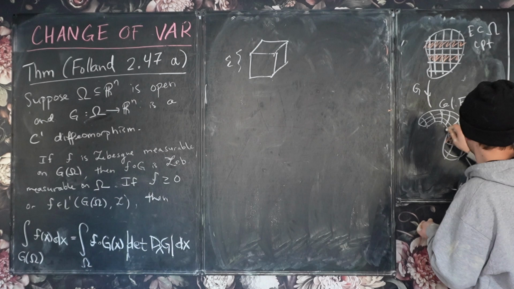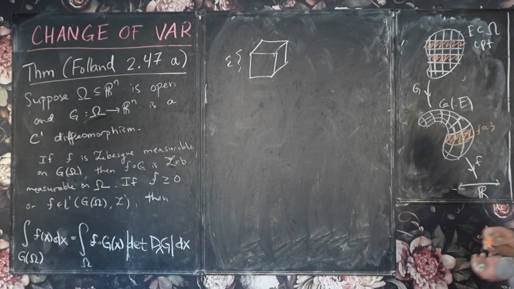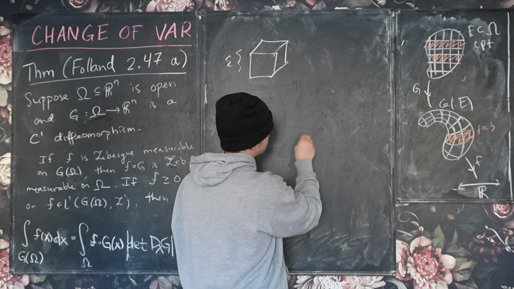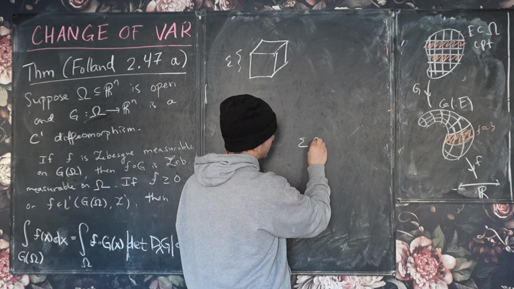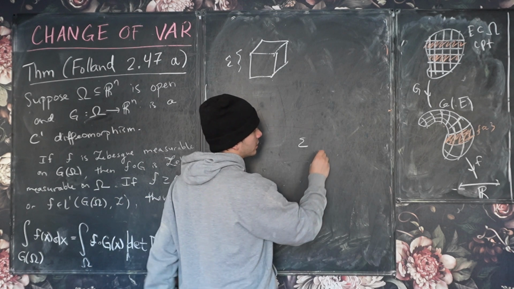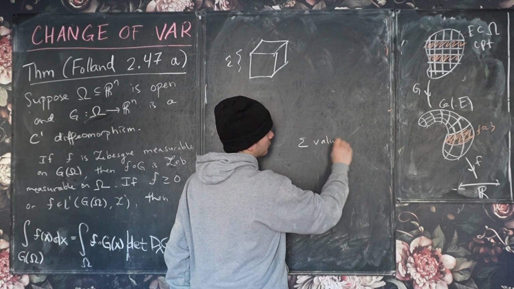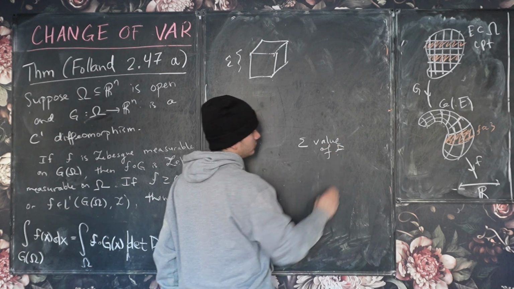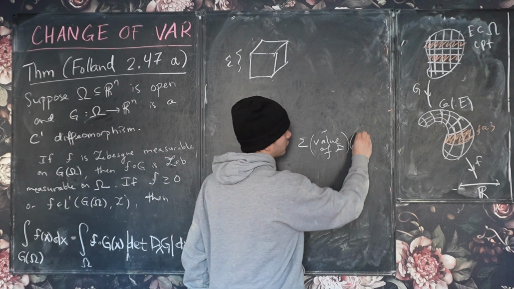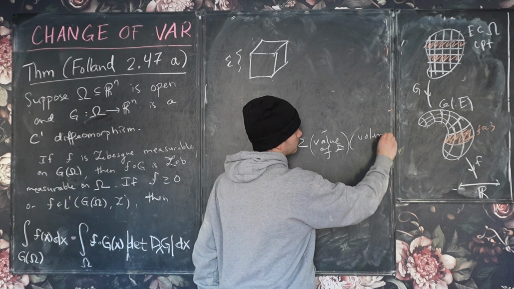So I have the sum of the approximate value of f multiplied by the volume of the level set.